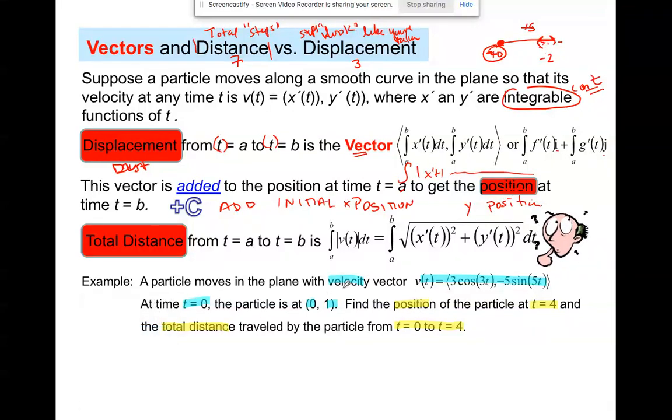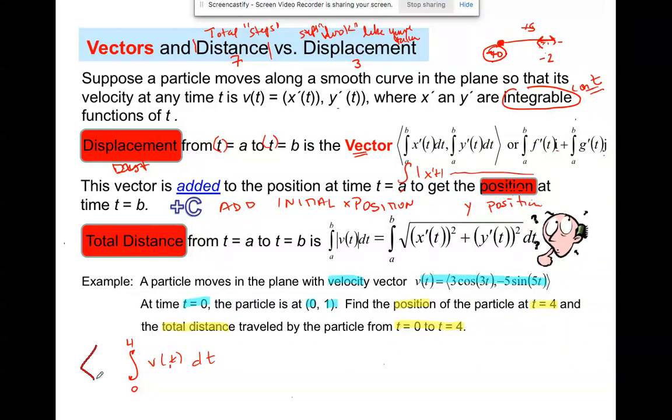So, given velocity, the position is going to be the integral of velocity. The integral of velocity gives me position, and I want to go from 0 to 4.